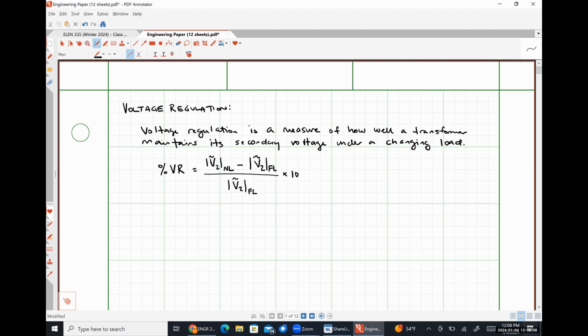And then we simply multiply this by 100%. So we are going to be able to define the magnitude of the secondary voltage under no load conditions and under full load conditions and put it in terms of things that we either know how to measure or know how to find, okay?